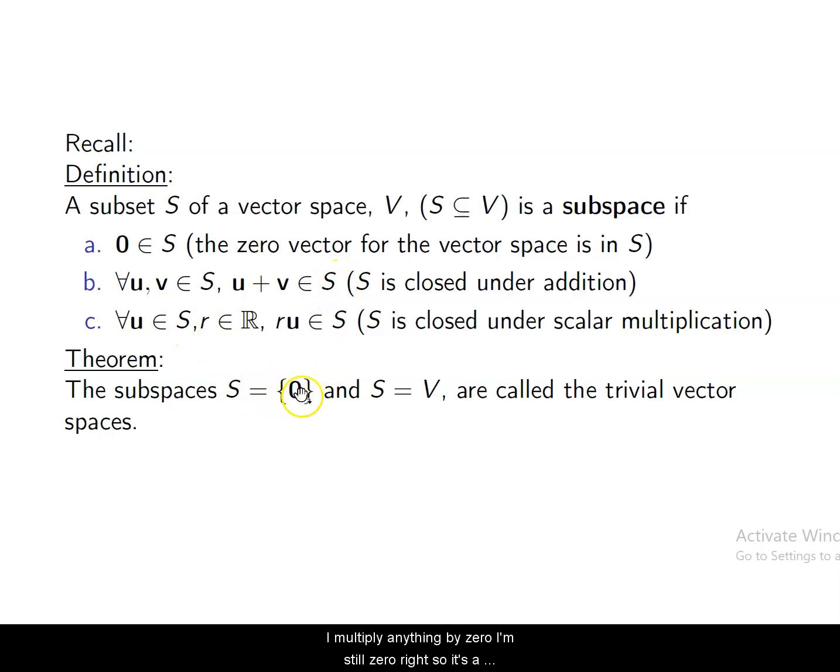And if I multiply anything by 0, I'm still 0, right? So it's a trivial subspace. Sorry, this is called a trivial subspace, not the trivial vector spaces. So it's because they're boring subspaces. Okay, and that's it. That's our definition.